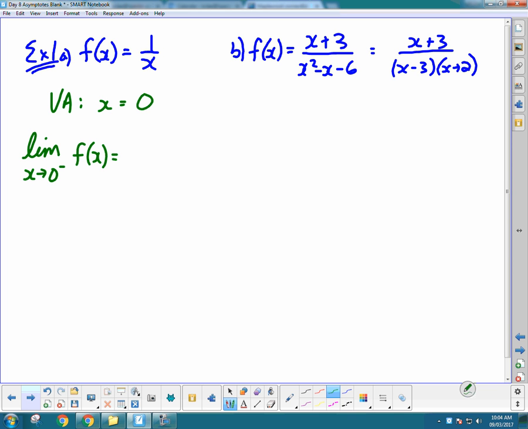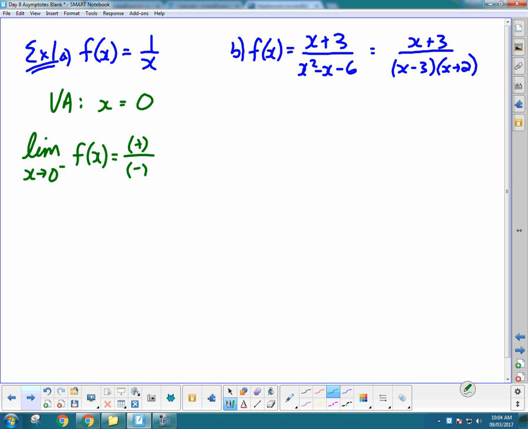But in your head, you're going to do the same thing you did before. Let's pick a number like negative 0.1. That's just to the left of 0. Put that into the function and describe what it does. Well, when you put in that number, the 1 isn't changed. It's still positive on the top. But negative 0.1, when you plug it into this function, is going to produce a negative on the bottom.